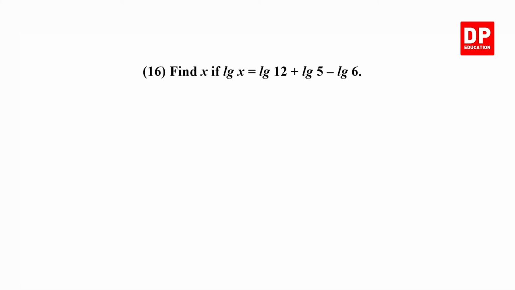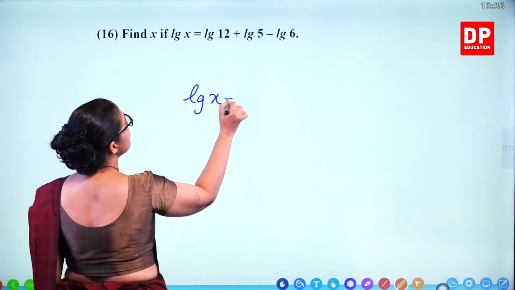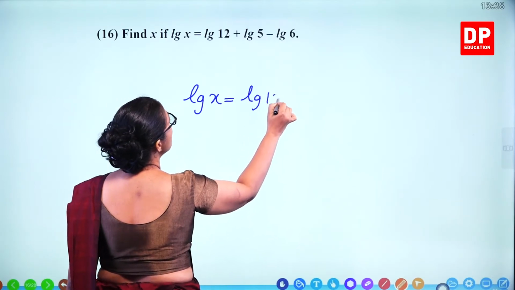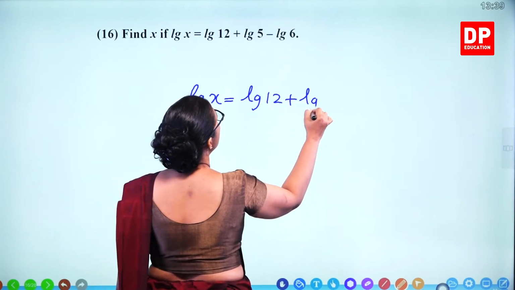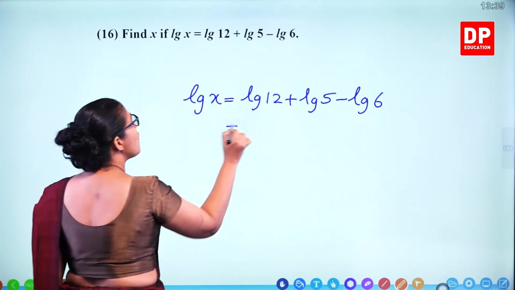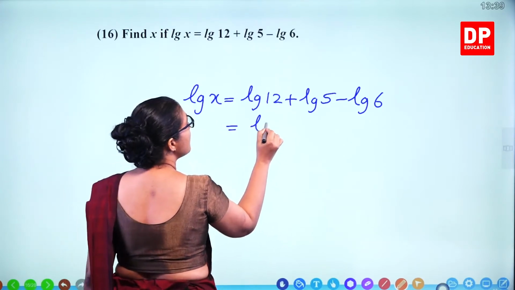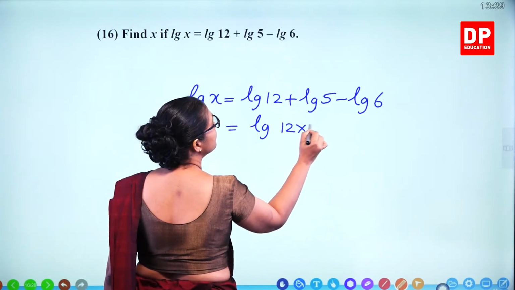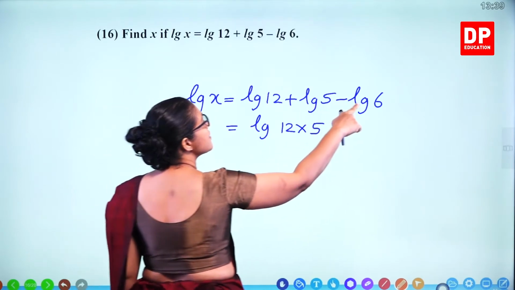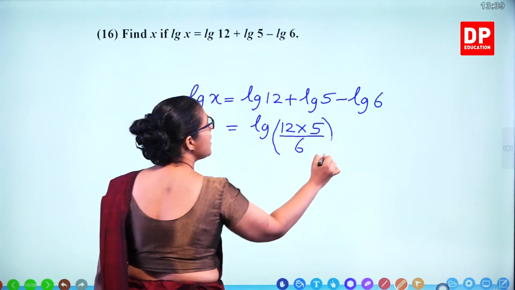Question number 16. Find x if lg x is equal to lg 12 plus lg 5 minus lg 6. Use laws of logarithms. Addition of logarithms you can write as multiplication, 12 times 5, and subtraction becomes division. So straight away you can write this.